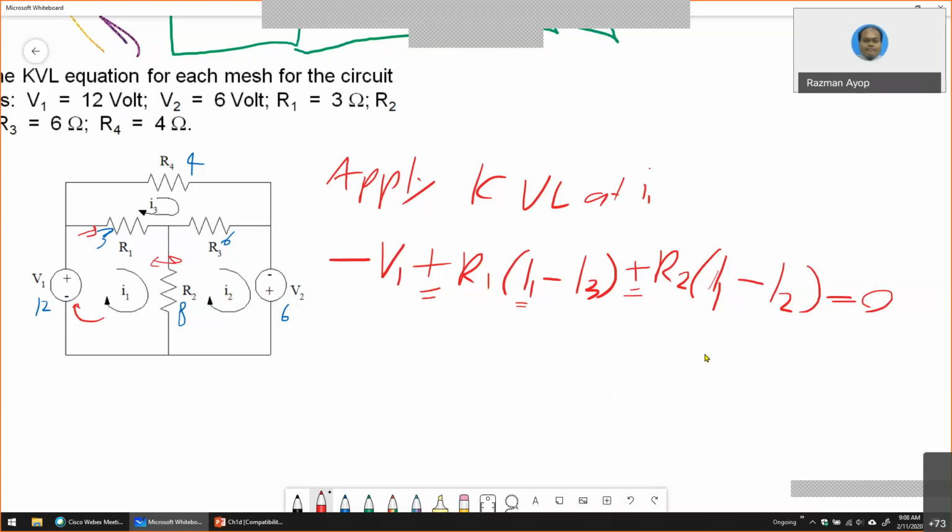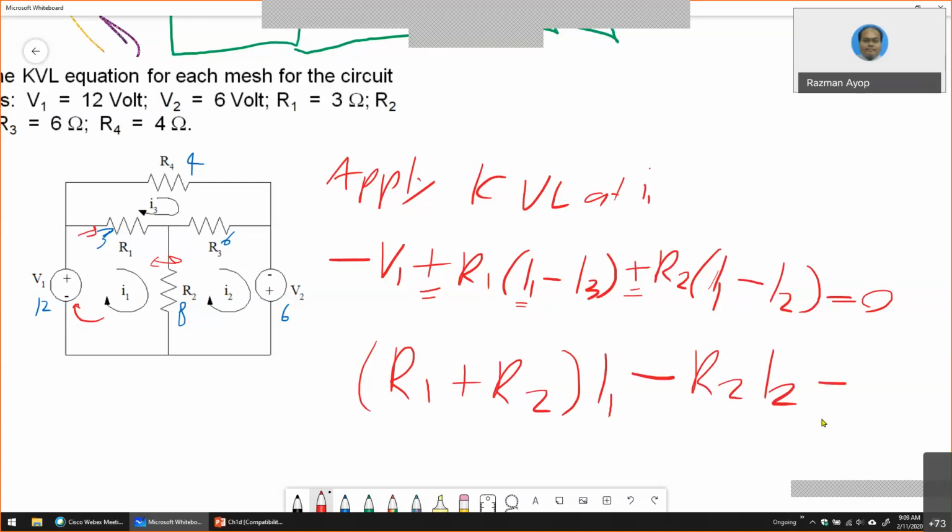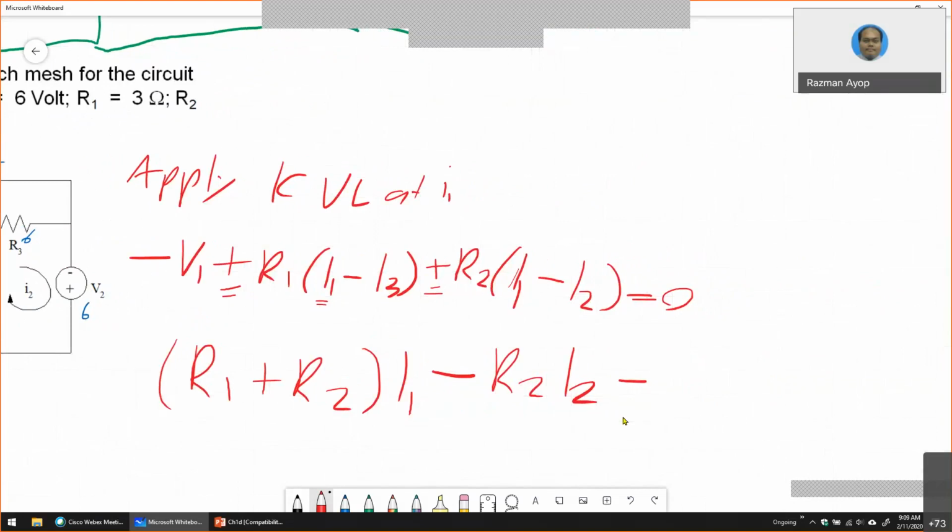So for this case, R1 plus R2 times I1, minus R2 I2, minus R1 I3 equals V1.